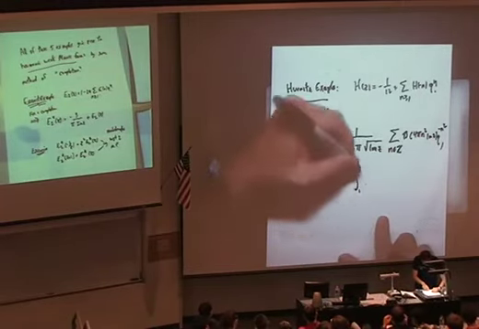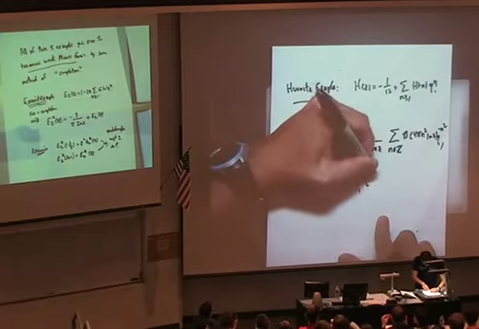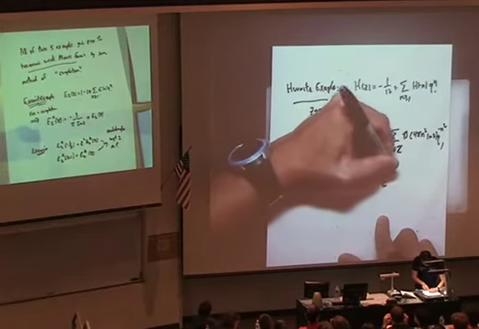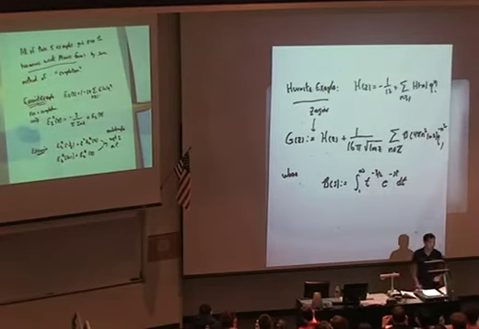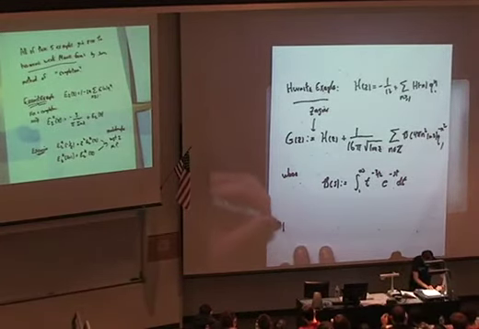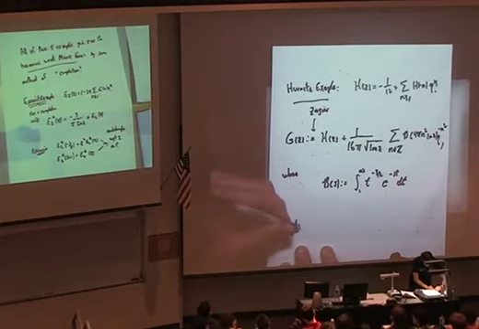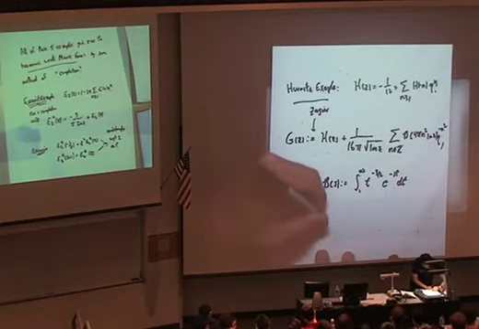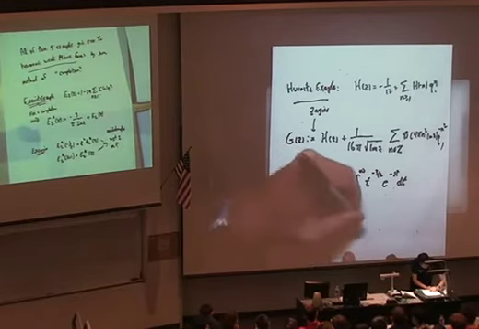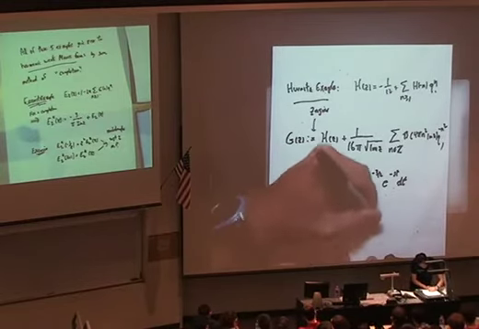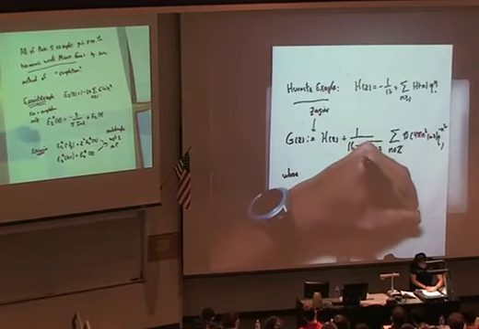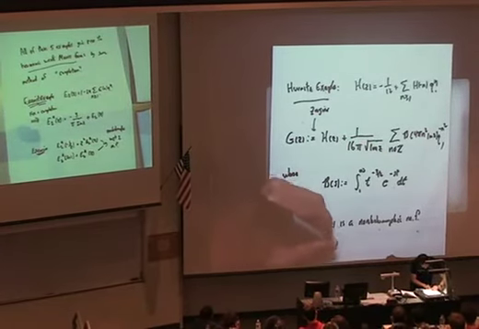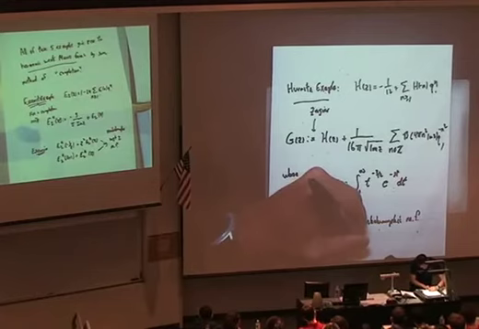It's the integral from 1 to infinity of t to the minus 3 halves e to the minus st dt. If you define g this way, then here's the fact: this g of z is a non-holomorphic modular form of weight 3 halves on gamma 0, 4.